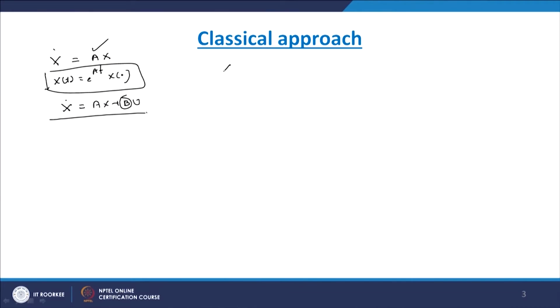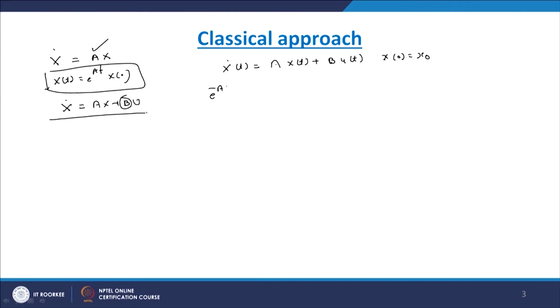So this forced system can be written as x dot of t equal to A x of t plus B into u of t, where x of 0 equal to x0. Now, how will you proceed further? Because finally we want x of t. So, what can we do?